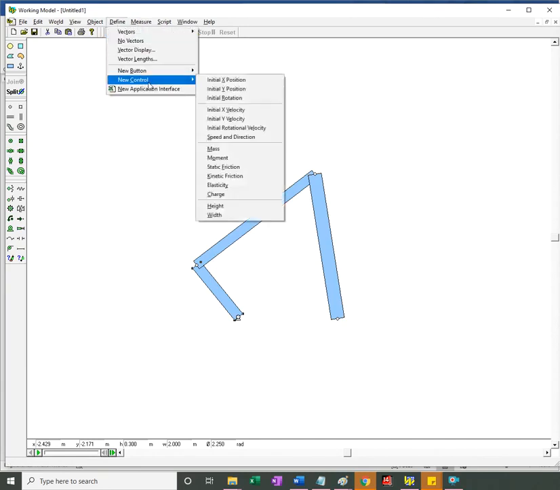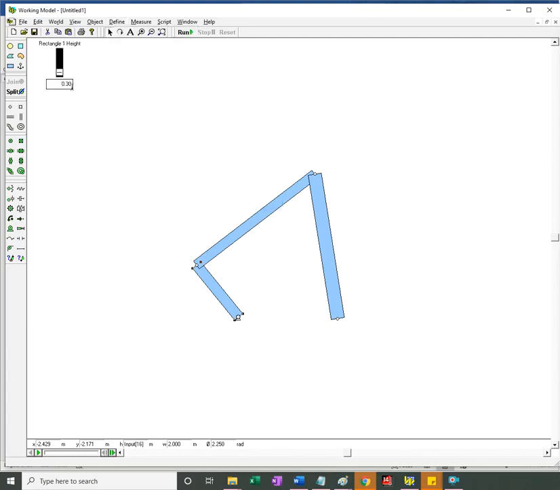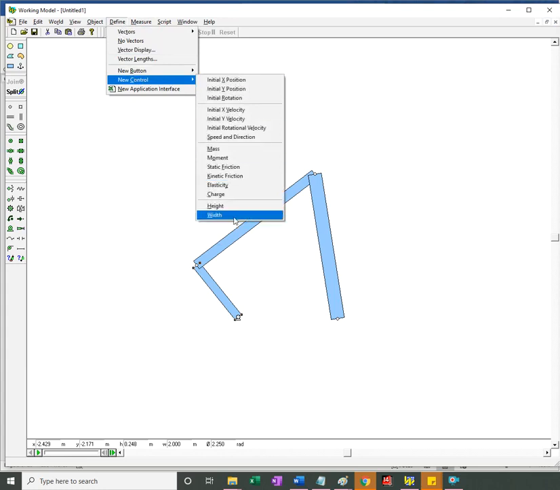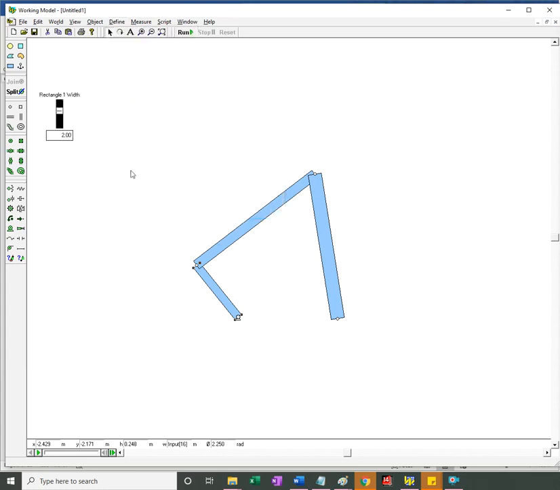define controls, and we can have height. Okay, so I can adjust. Oh, I'm sorry. I was supposed to be width. So define new control, width.